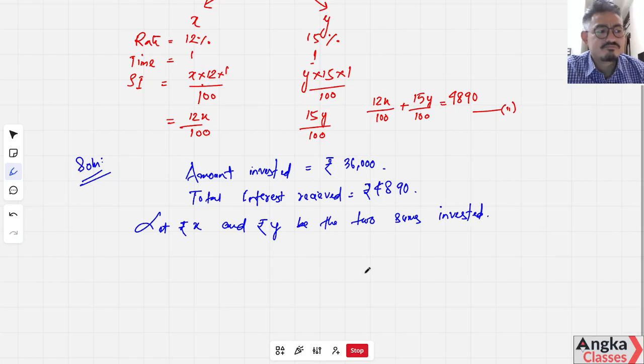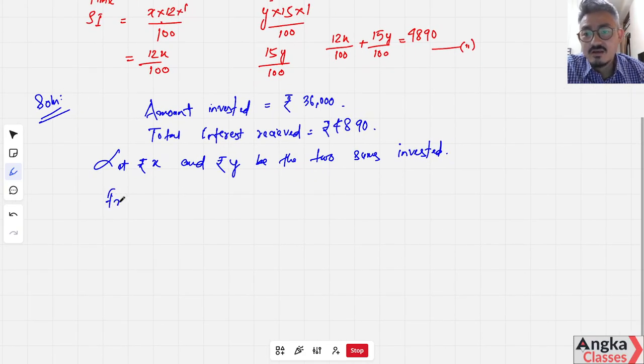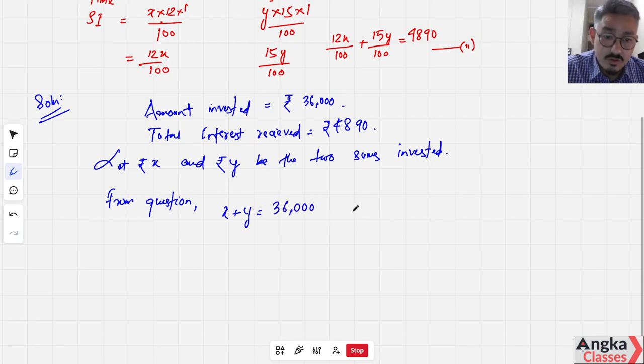From the question, x plus y is equal to the total amount, 36,000. We'll call this equation 1.